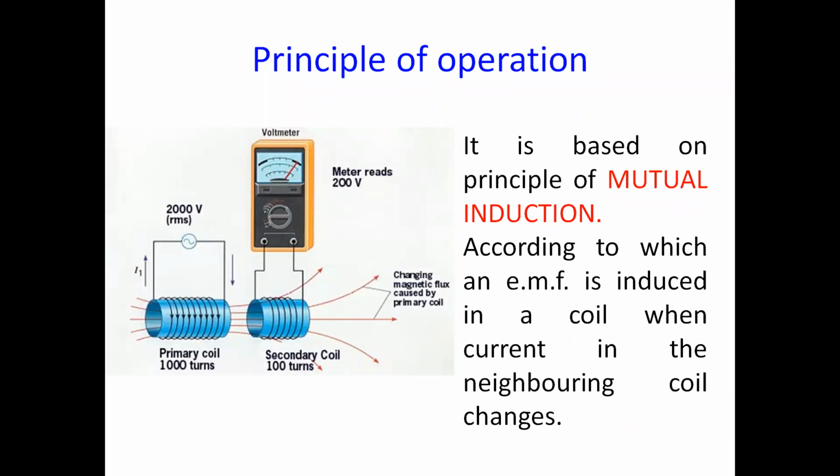If we apply a sinusoidal voltage, sinusoidal current flows, that produces sinusoidal, changing flux, that links with the secondary also. So there is a rate of change of flux.